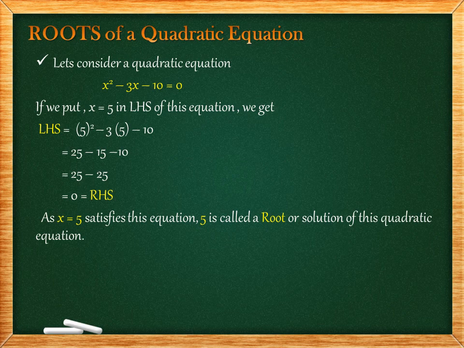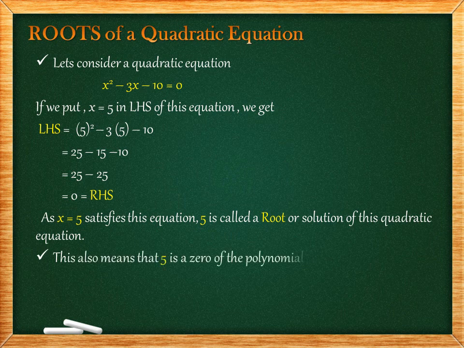Now we can see the left hand side of this equation is a quadratic polynomial x square minus 3x minus 10, which also has a zero at x equal to 5. So this means that 5 is a zero of the polynomial x square minus 3x minus 10, as a zero of a polynomial is the value of x for which the polynomial becomes 0.